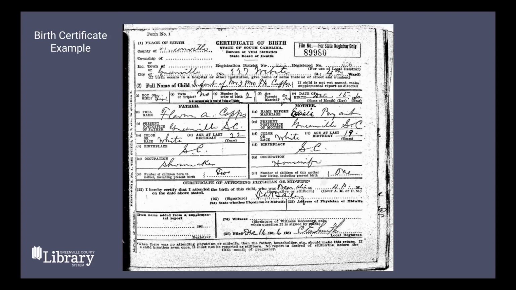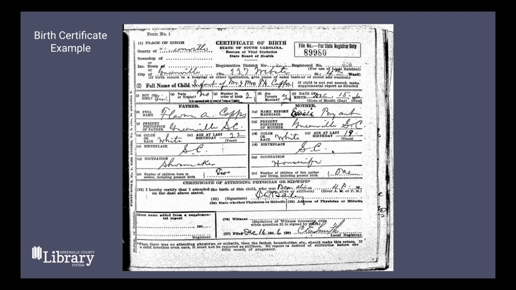I thought that was interesting. But we do have that it was in Greenville. We also have the address, the name of the father and mother, and the date of birth, which was December 15th of 1916. So this was just a year after the birth certificates started being collected by the state. It does list if they were a multiple, a twin or a triplet, then their birth order in the family.